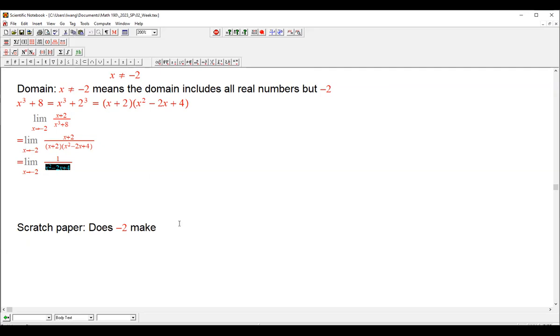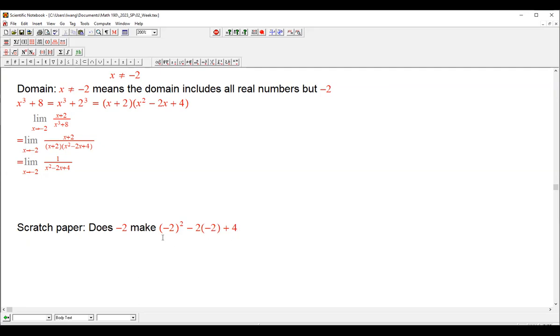If it's not, it is in the domain, right? So we're going to replace x by -2. Then you say, what if it is equal to 0? Then you have to use the definition one more time. You have to continue to factor it, okay?